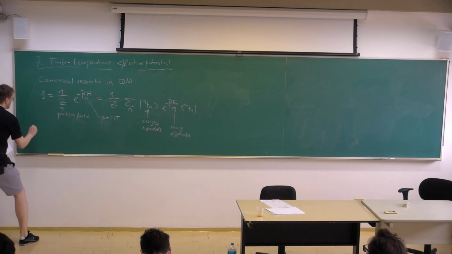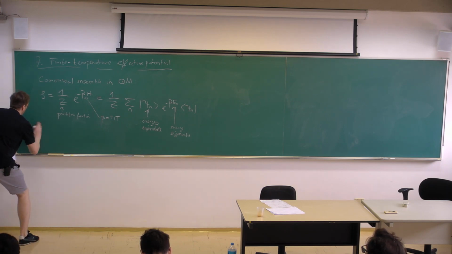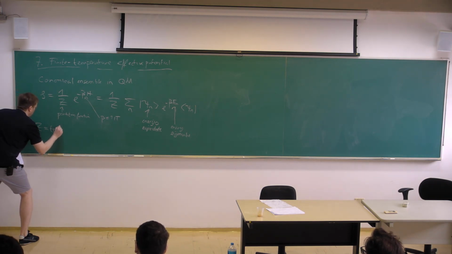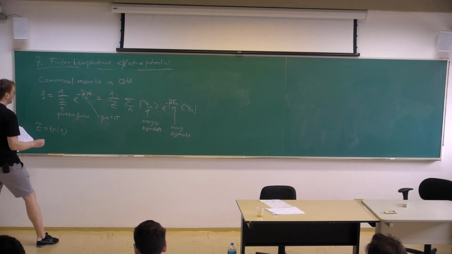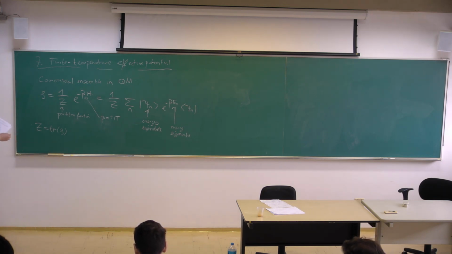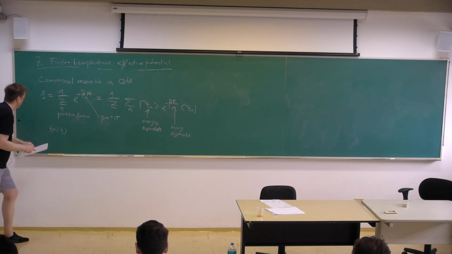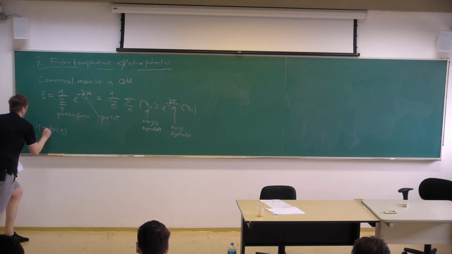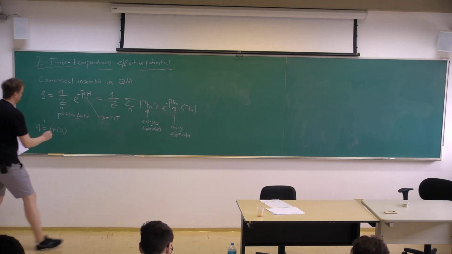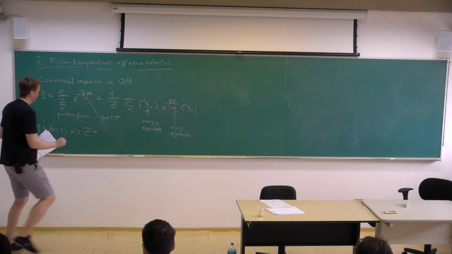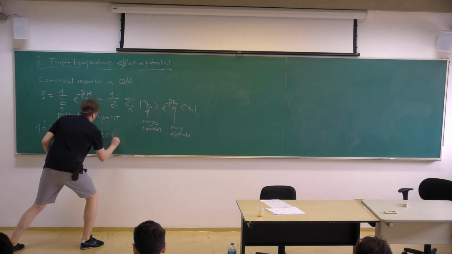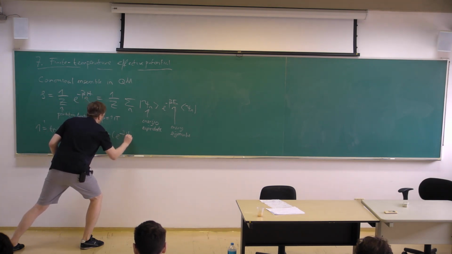So the partition function is now given by the requirement that the trace of rho is 1, and from this we find that the partition function is given by the trace of this object.